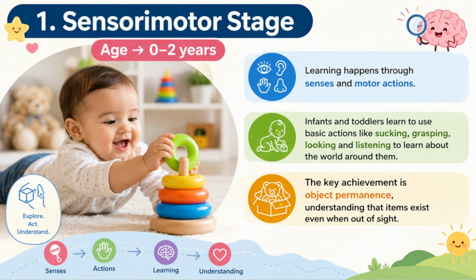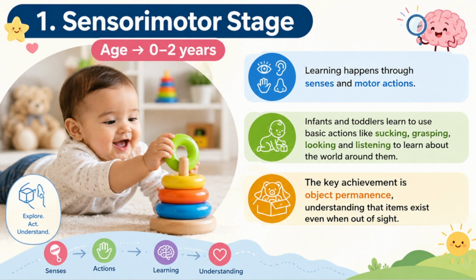Now let us see the four stages of development as proposed by Piaget. The first stage is sensorimotor stage. It is from age 0 to 2 years. In this stage, learning happens through senses and motor actions.